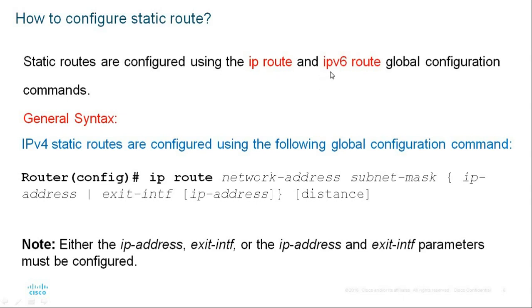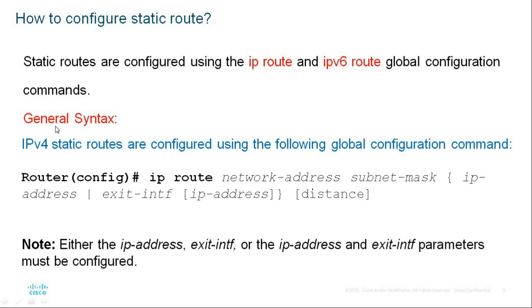If you want to configure an IPv6 static route, you have to use the syntax IPv6 route. These two commands you have to use in global configuration mode. So for IPv4 you use IP route, for IPv6 you use IPv6 route, both in global configuration mode.